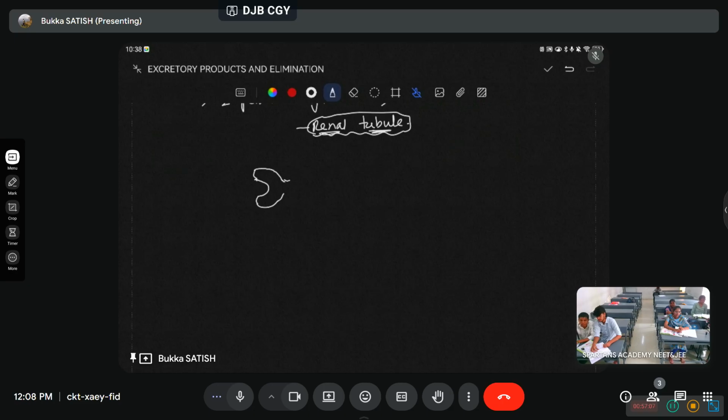I label it, which will open into one convoluted tubule. This convoluted tubule will form a loop actually.